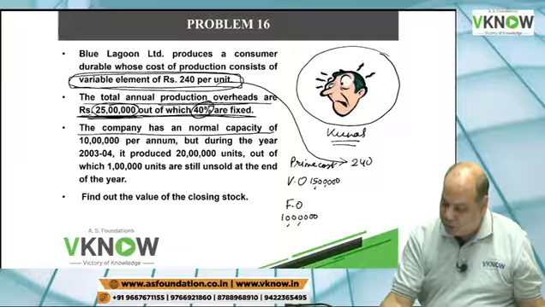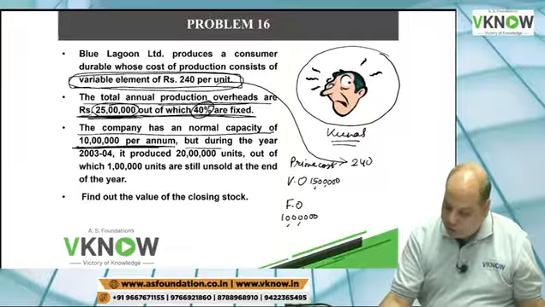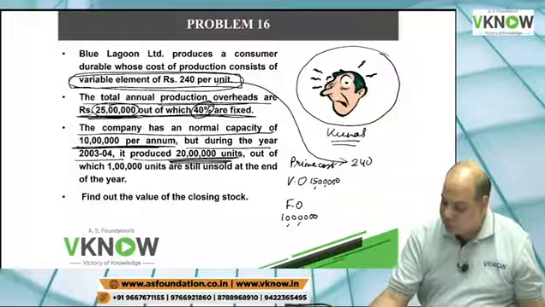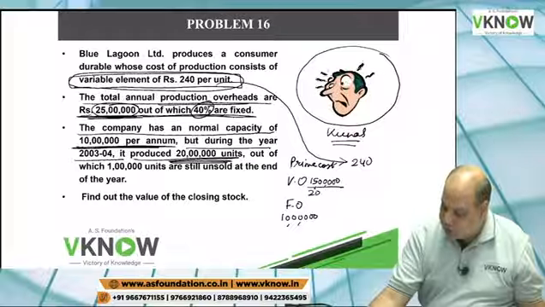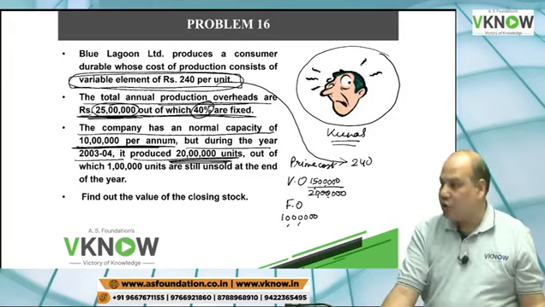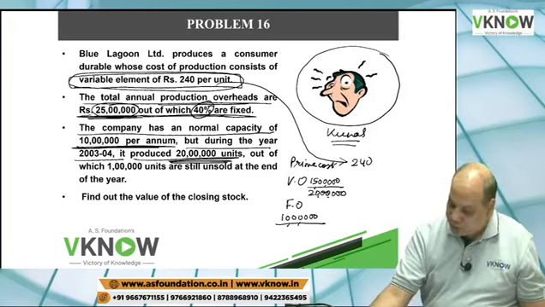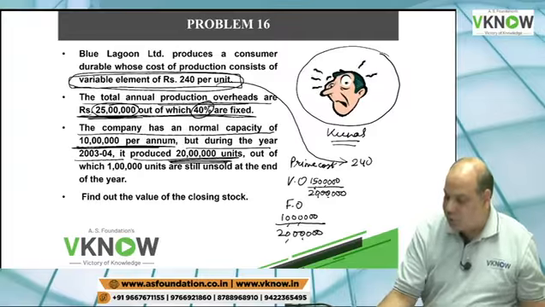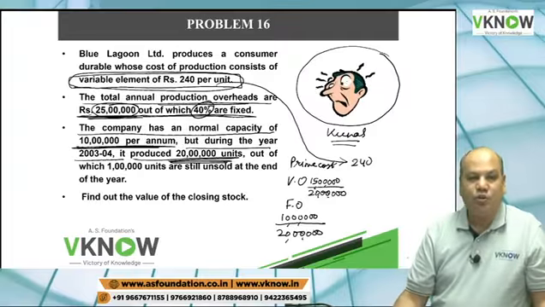Company has a normal capacity of 10 lakh. This is normal, but during the year it produced 20 lakh units. As far as variable is concerned, we will take actual. And in case of fixed, actual or normal whichever is higher. So I am going to take actual here.